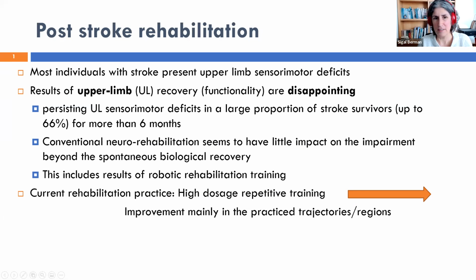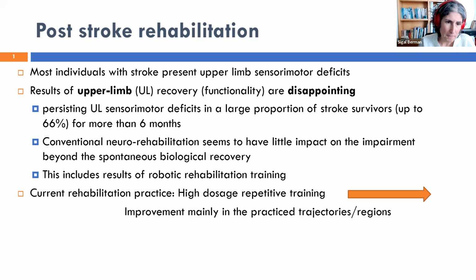So we've heard already 2 great talks today about post-stroke rehabilitation, and that most individuals with stroke have some form of upper limb sensory motor deficit, and stroke is among the leading causes of long-term motor disability.